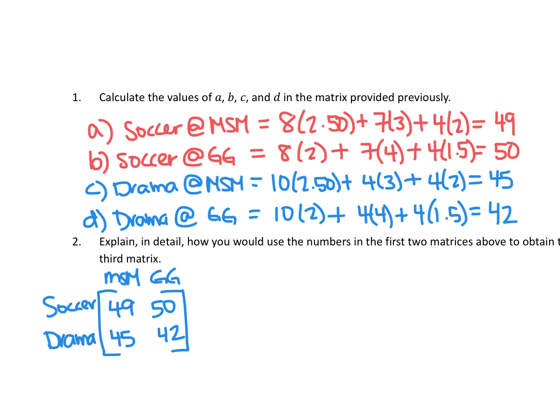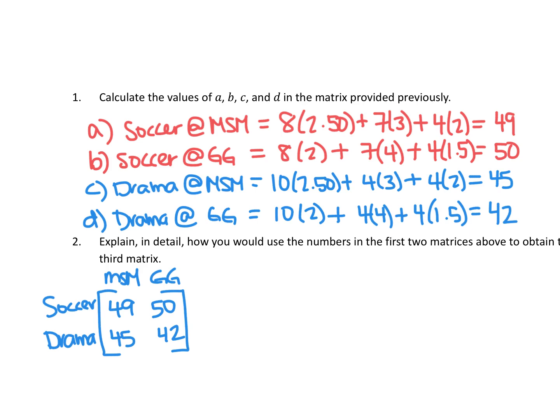So they want us to explain in detail how would you use the numbers in the first two matrices above to obtain this final third matrix. Well, basically what we did was we multiplied the items that we needed times the cost at each place, and then we just added together those products, right?